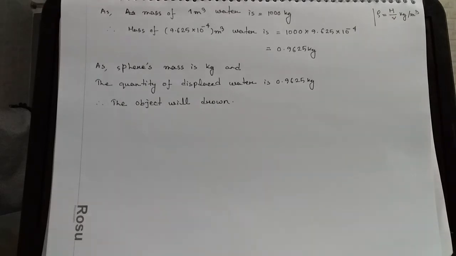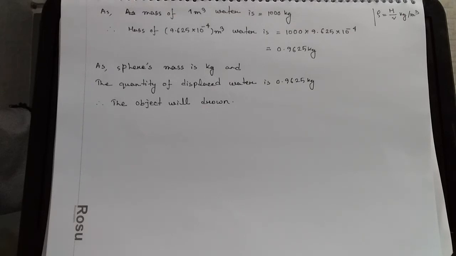That means for per meter cube volume, we get that amount of mass, that is the density. So as the density of water is 1000 kg per meter cube, for 1 meter cube water the mass is 1000 kg.